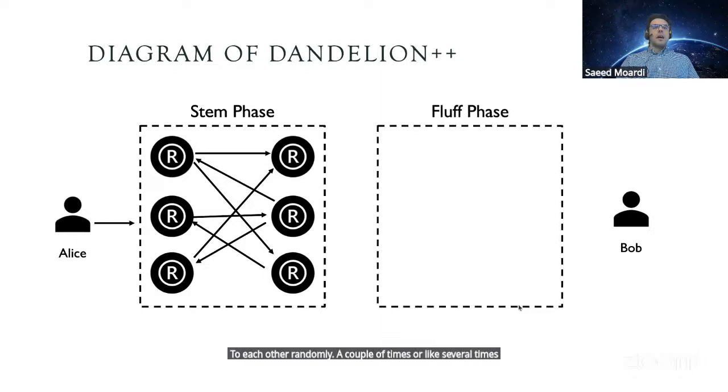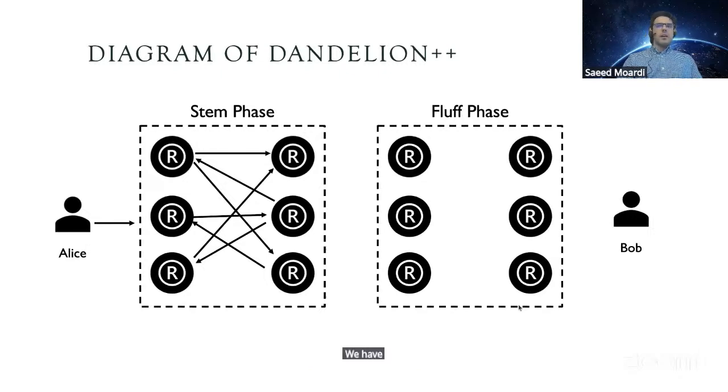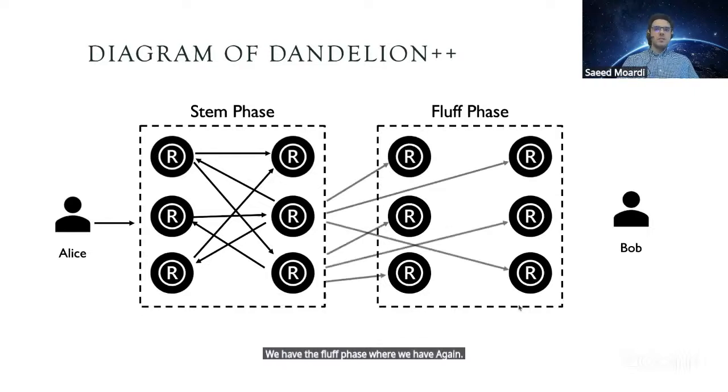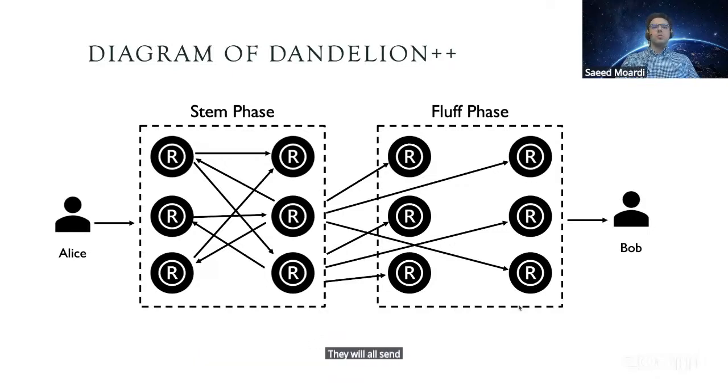After the stem phase is done, we have the fluff phase, where again we have some nodes or relay services that are going to receive the transaction data. They all have to receive it, and finally they will all send the transaction to Bob.